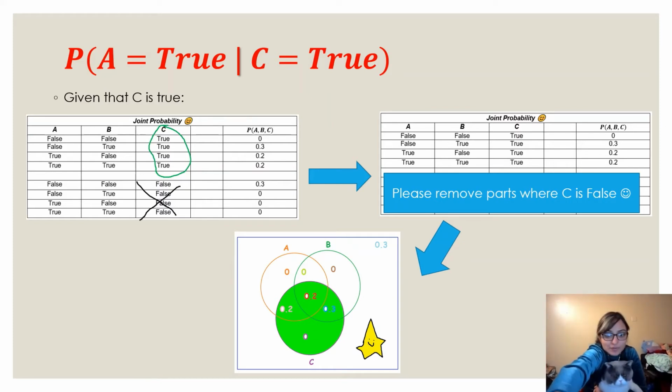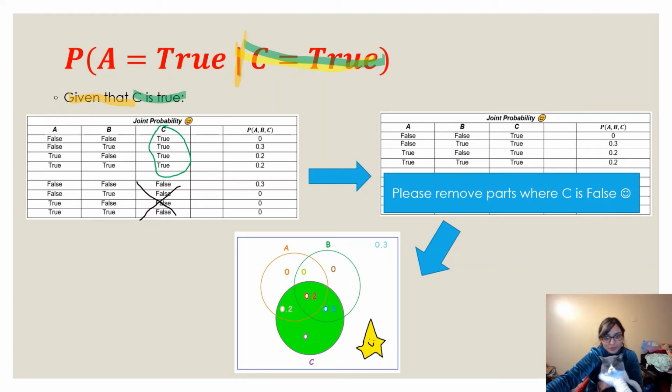So we see here that we want, given that C is true, which is actually this color, given that C is true, and the given part is given here, given that this is the case, then what we'll do is just remove the parts where C is false, and then focus on that part of the Venn diagram here, and then try to see what the probability is.